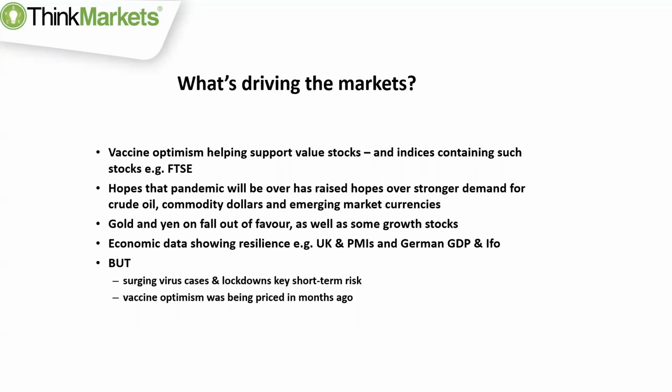As a result of this, we've seen stock indices go up. The dollar, which is a safe haven currency, has gone down. And risk-sensitive currencies such as the Australian dollar have outperformed.